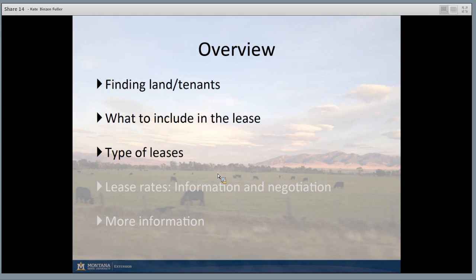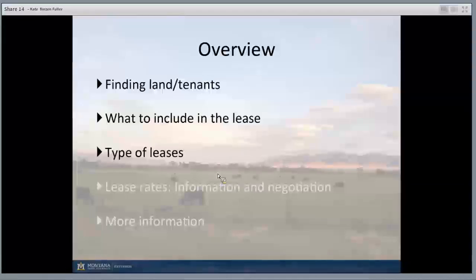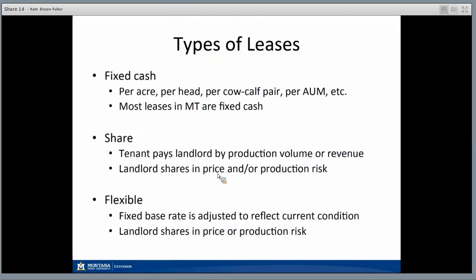All right, so next I'm going to talk about different types of leases that you can set up. There's two sort of major types of leases. You can have a fixed cash lease, or you can have a variable rate lease. So the first big bullet point here is this fixed cash lease.